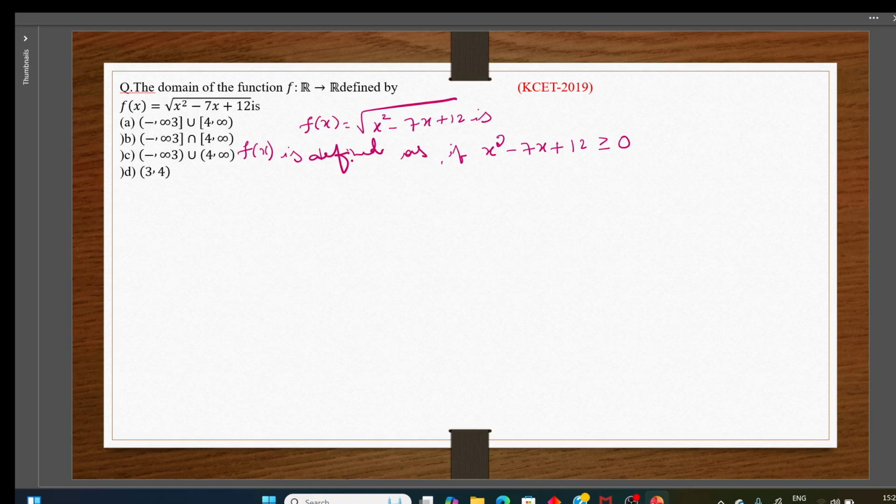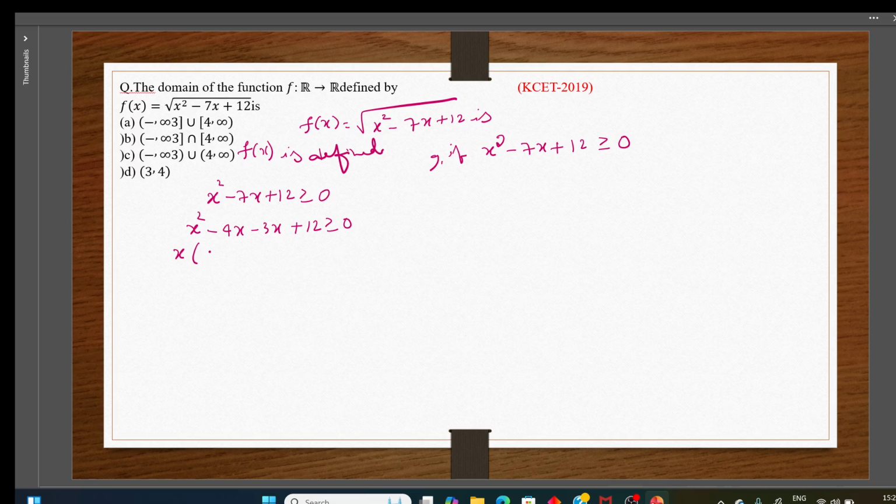The function is defined if x square minus 7x plus 12 is greater than or equals to 0. So now factors of x square minus 7x plus 12 greater than or equals to 0 means x square minus 4x minus 3x plus 12 greater than or equals to 0.